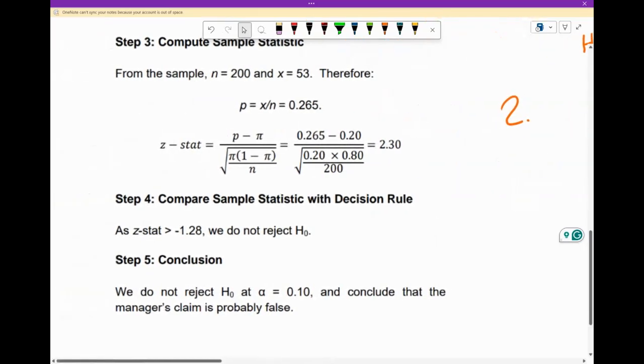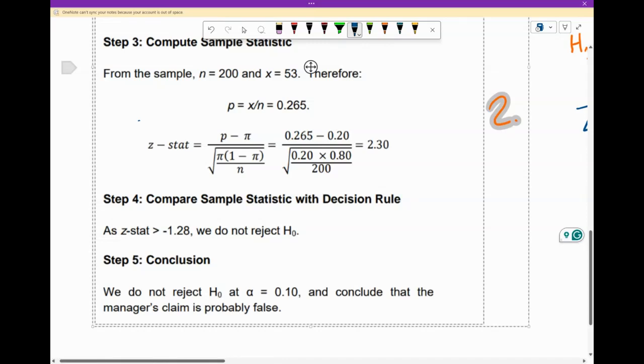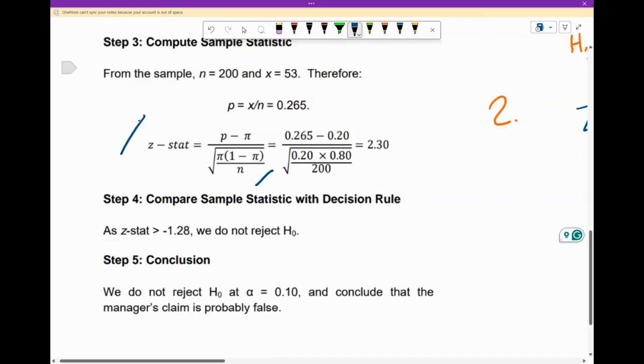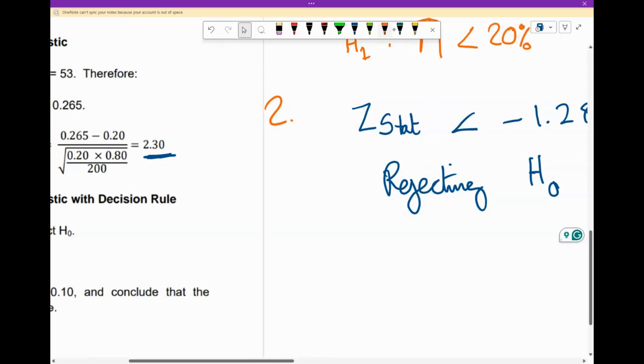You can see here they're doing population, and this formula is not brand new. We've seen it before. Here our answer is 2.3. So go to step 2, please.